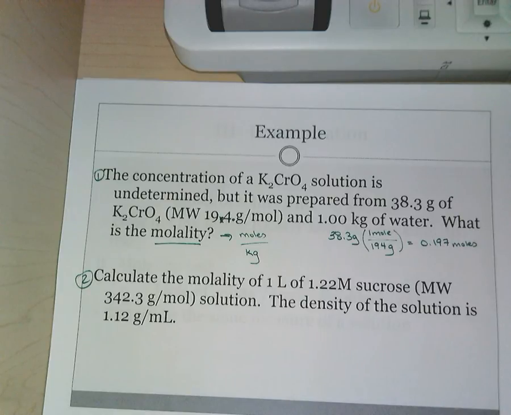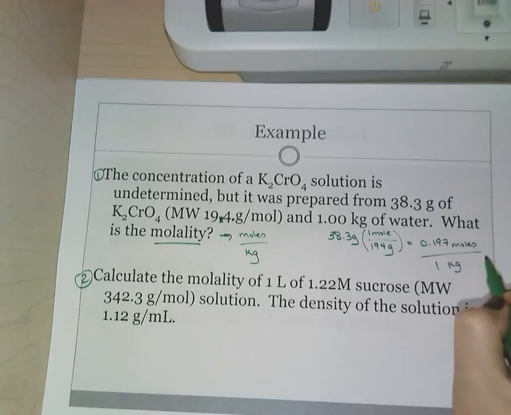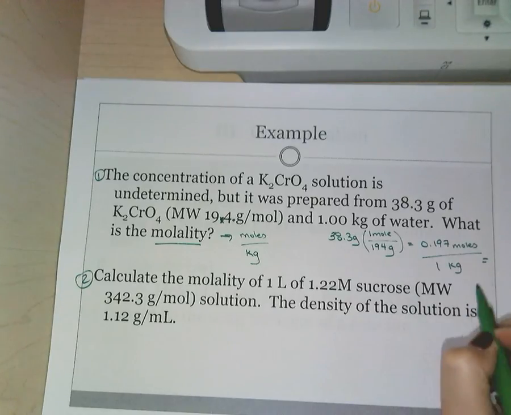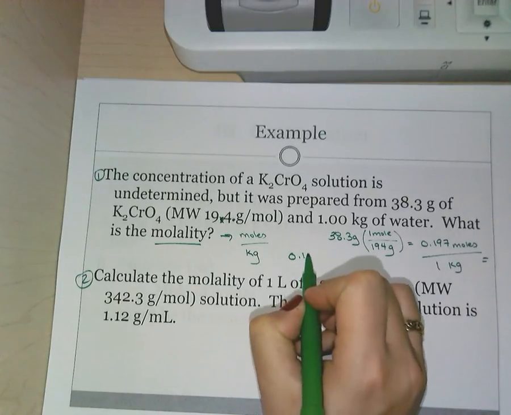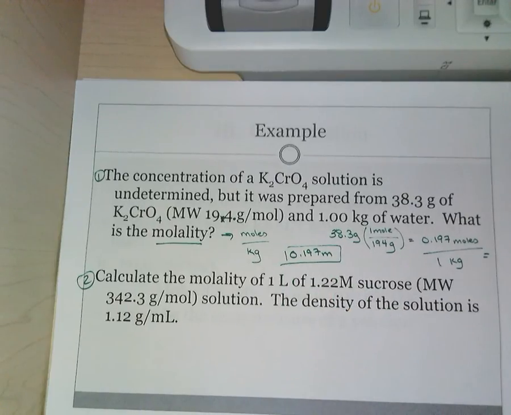Right. And it has to just be the worst unit designation ever, because it's 0.197 m, not meters. Molality. Could be very confusing.